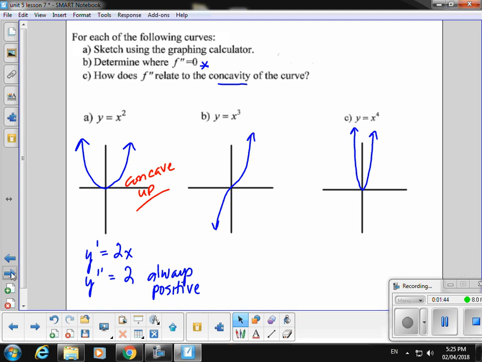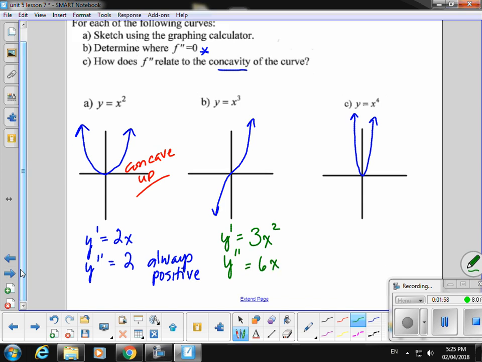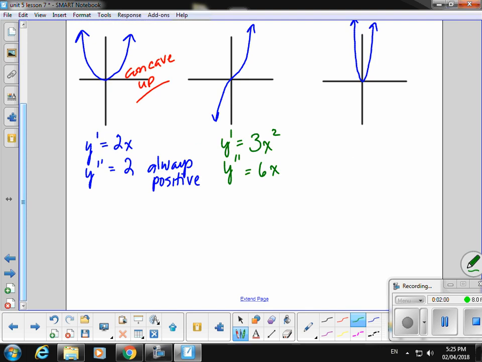For my cubic, my first derivative is 3x squared, and my second derivative is 6x. So I have a change of second derivative status here.